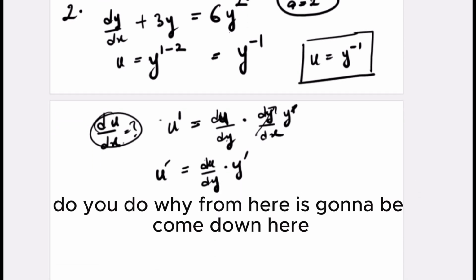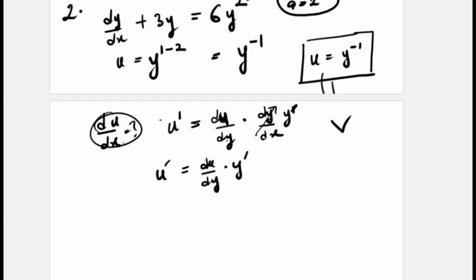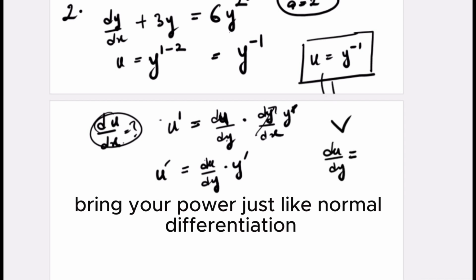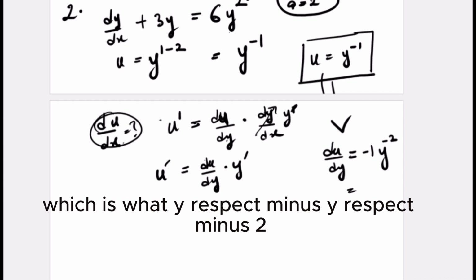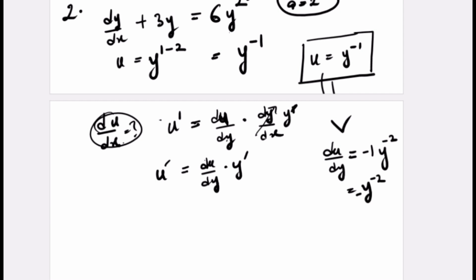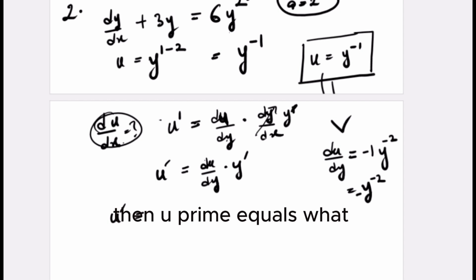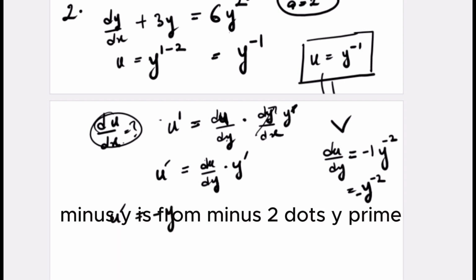From here, bring down your power, just like normal differentiation. You have minus 1, y raised to power minus 2. Then u prime equals minus y raised to power minus 2 dot y prime.